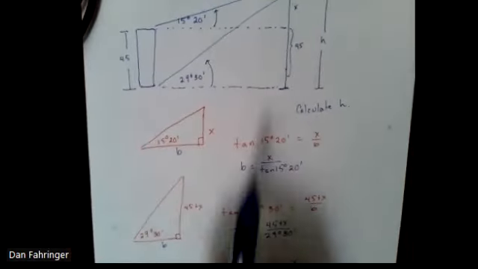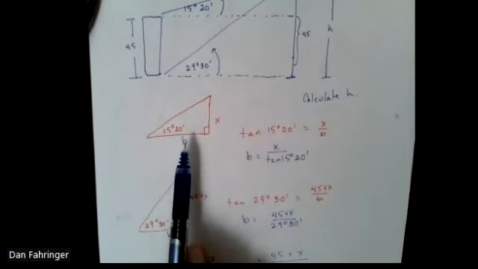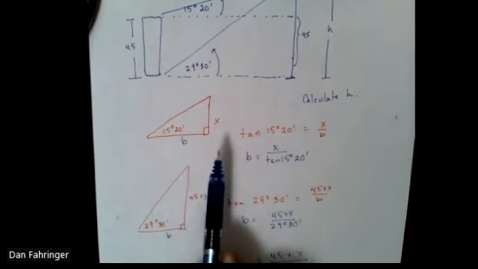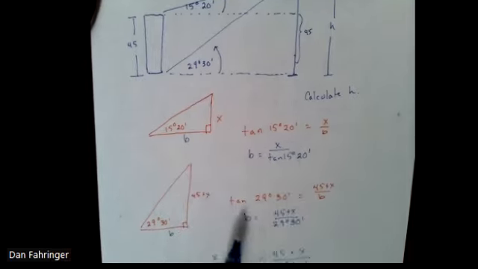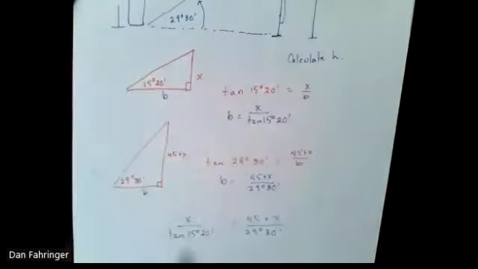Once I set all this up, and of course I needed to understand the term angle of elevation, I came up with two triangles, but so much was missing, except I called this base and this base, and I'm saying, okay, I can come up with an equation with two unknowns and another equation with two unknowns. And now I get down to here. I can find these values if I want, and it's just going back to your college algebra class to solve for X. So that was the first one you had a question on.